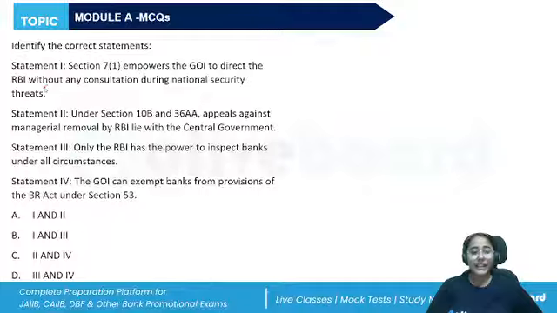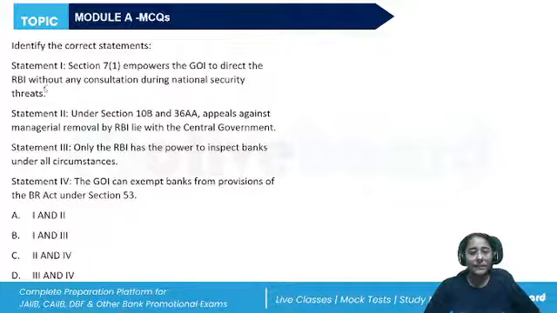The Government of India can exempt banks from the provisions of the Banking Regulation Act under Section 53. Answer this question. Which statements are correct? Can Government of India direct RBI to give any instructions without any consultation? Or is consultation with the governor required?